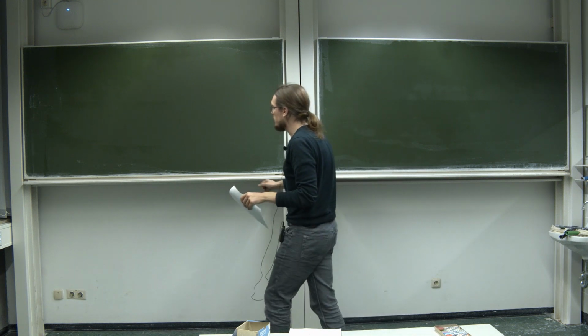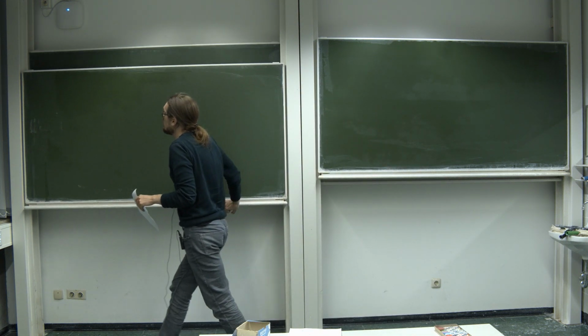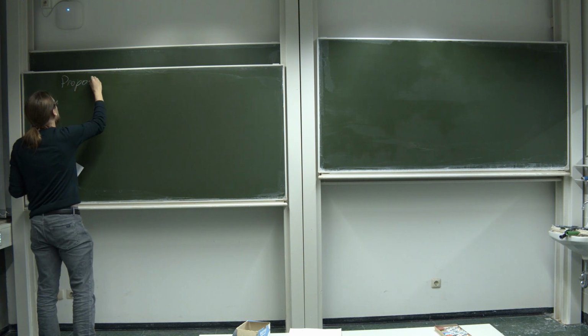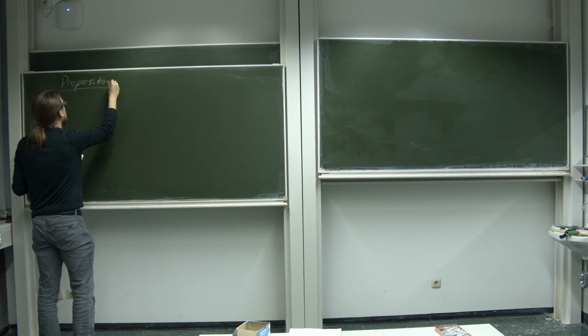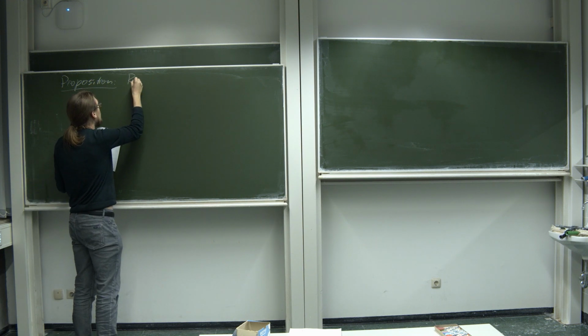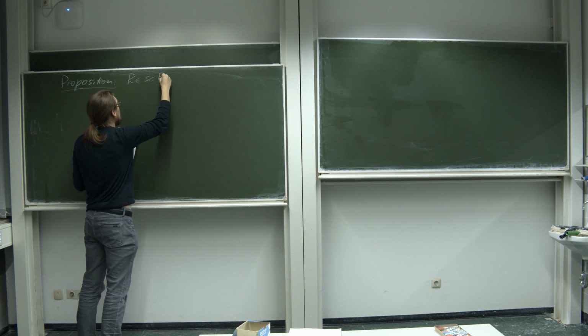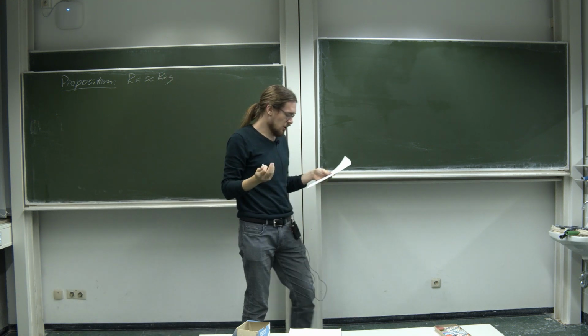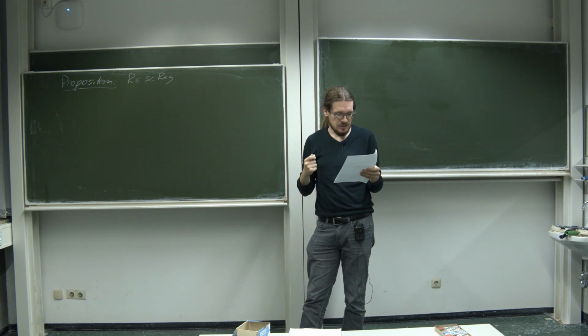So what do we need to check? Well, here's the statement. So again, R is a simplicial commutative ring. And we have these operations gamma k on the associated chain complex.